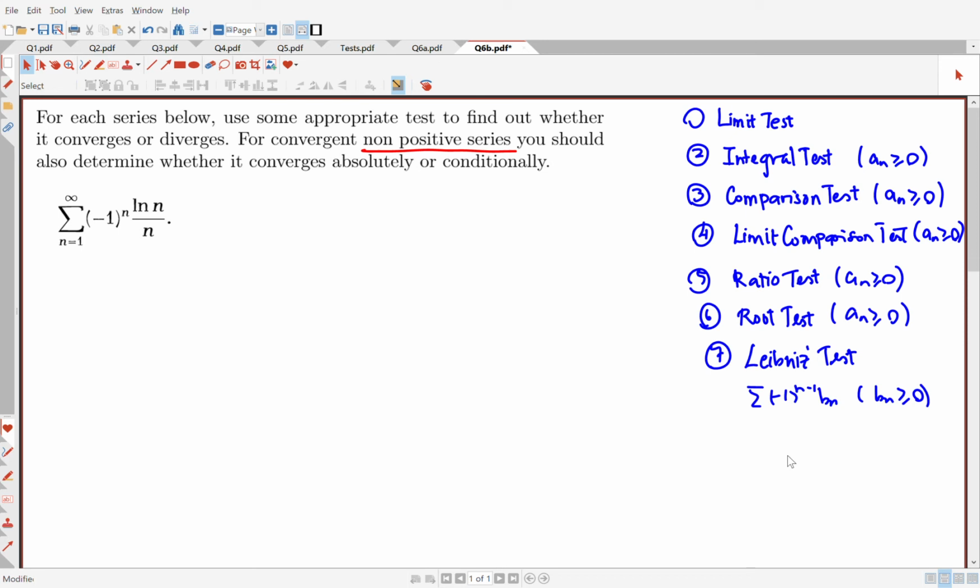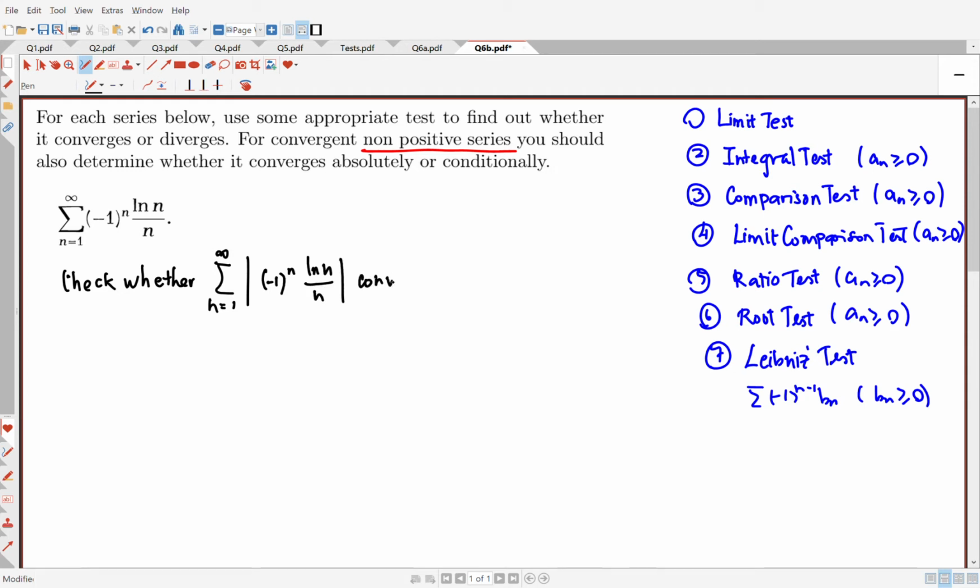Q6b, we do the same thing as in the previous question. So we first check whether the sum n from 1 to infinity of absolute value of minus 1 power n ln n over n converges.